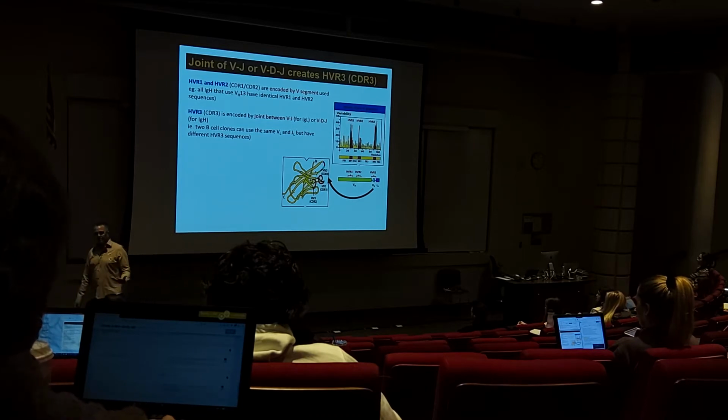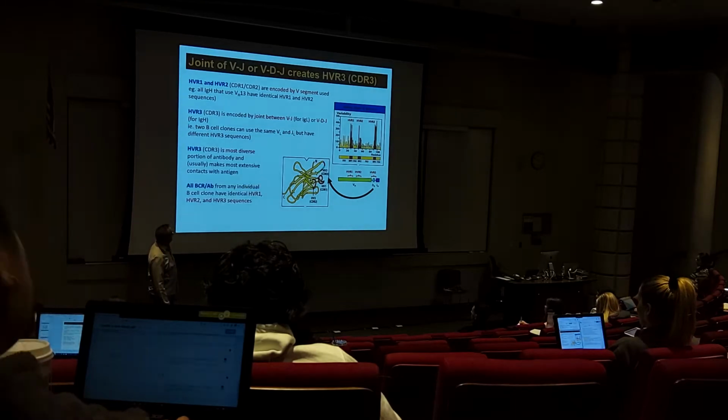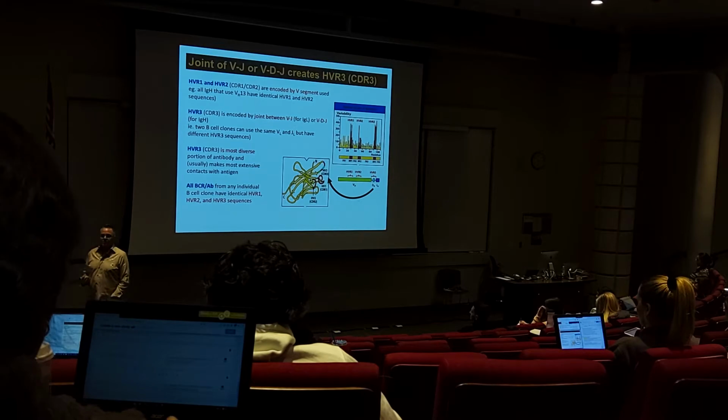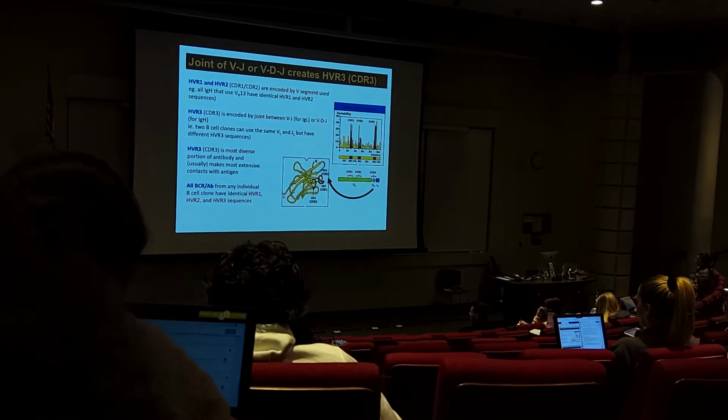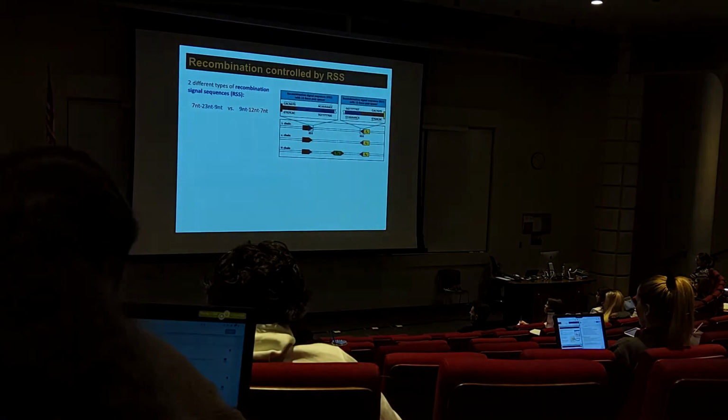And usually, most antibodies are sort of heavy on the HBR3 for what they recognize. Because the HBR1 and 2 can get you closer. HBR3 is really the key to antigen specificity. And therefore, it's the most diverse. Right? You want to be able to recognize anything that comes into your body, so you want to have lots and lots of different ones.